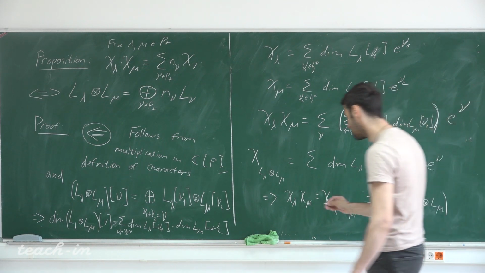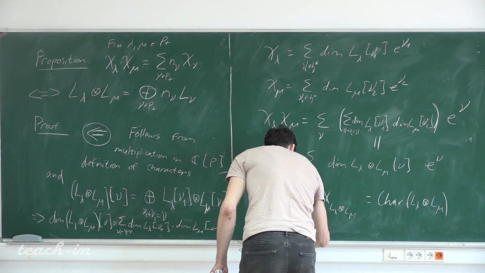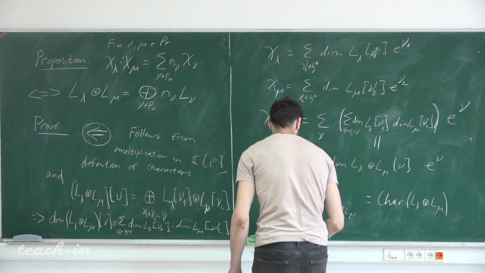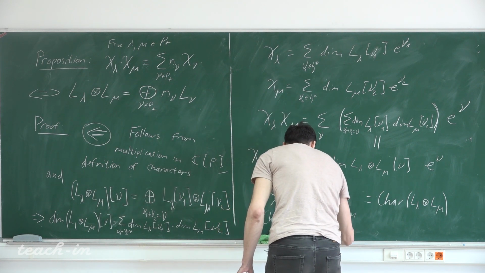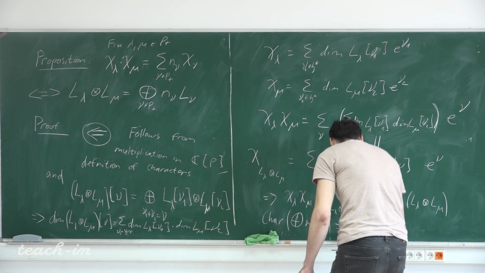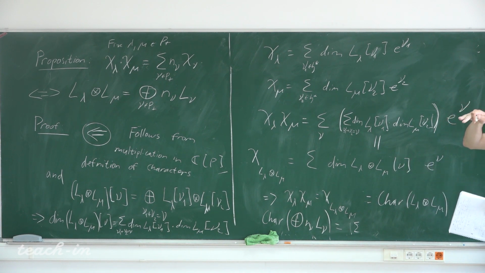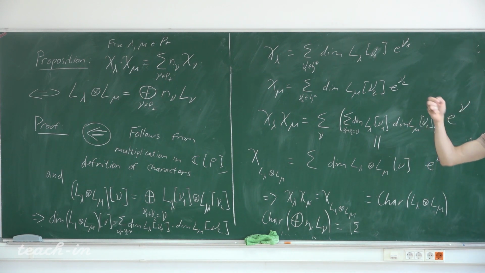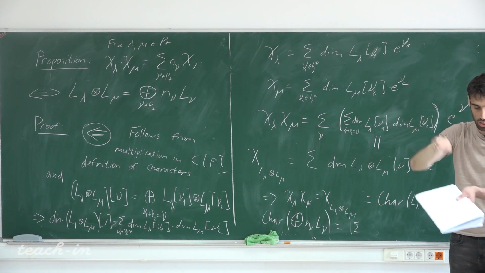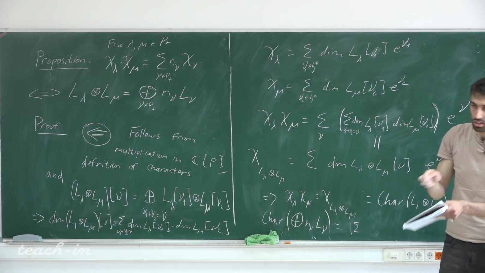On the other hand, the character of the sum of n nu L nu is just the sum of characters, term-wise. Because your weight subspaces just add, and dimensions just add, so coefficients just add.